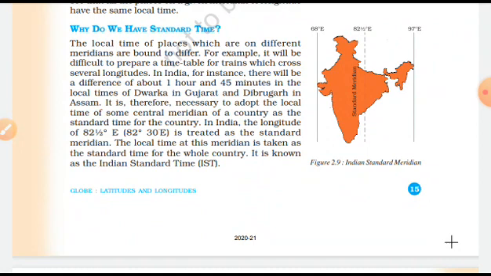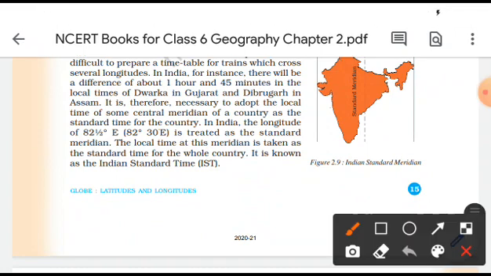The sun rises earlier there than we see the sun over here in Navsari or Surat. Like if the sun rises over there at 4 o'clock in Paschim Bengal or Arunachal Pradesh, this is Arunachal Pradesh here, and this is Paschim Bengal.